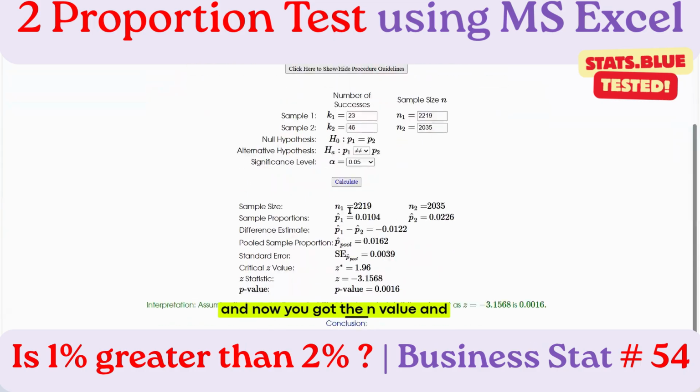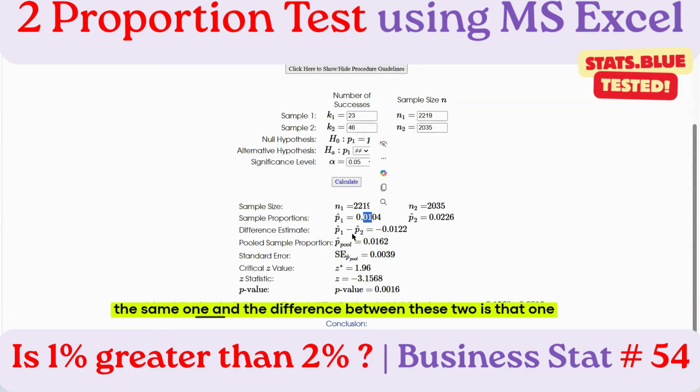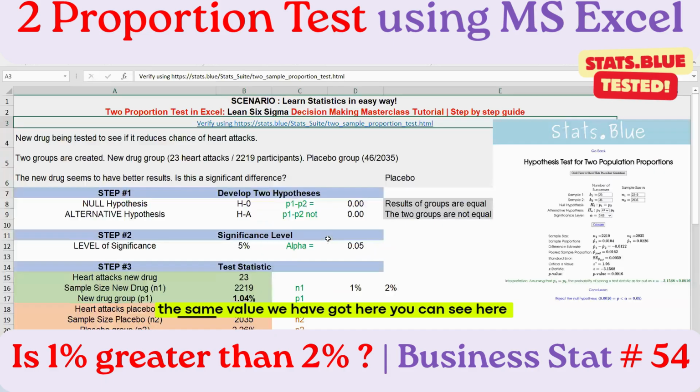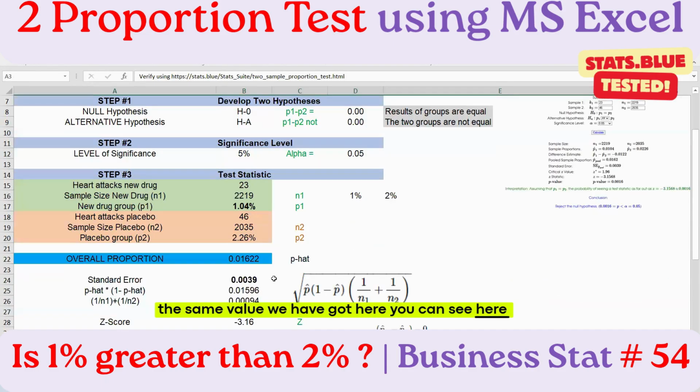So now you got the n value and the same p value. We got 1.04 and 2.6, the same values, and the difference between these two is 1%. The pooled proportion is 1.6, and the standard error of 1.0039, the same value we got here. You can see here, right?